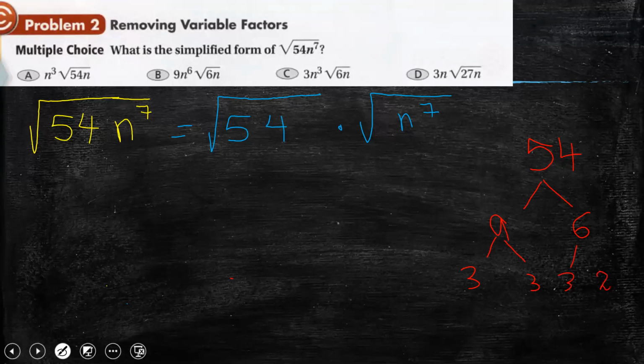So you can say, I think 27 times 2. Is that right? Yes, teacher, 27 times 2, but 27 is not a perfect square.